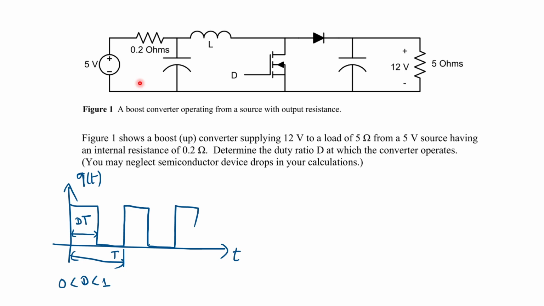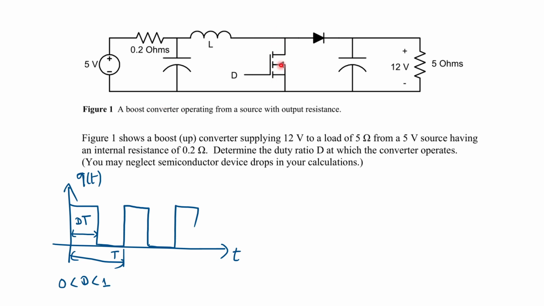So in here, other than the internal resistor, other parts are just a normal boost converter. So how does the boost converter behave? You need to control the duty cycle here to switch the MOSFET on and off.